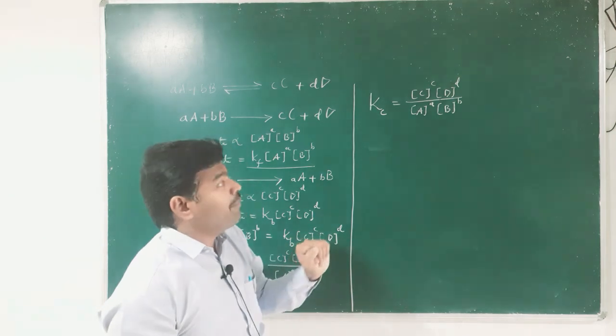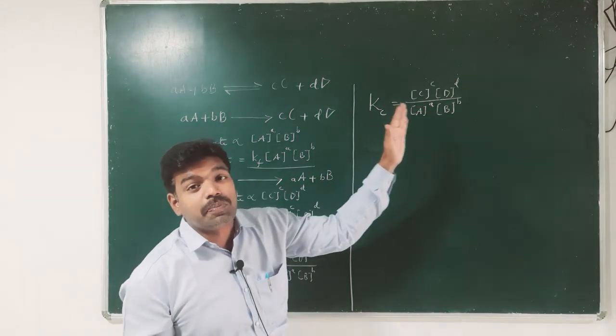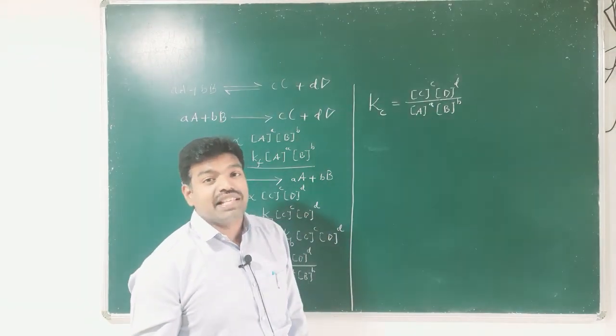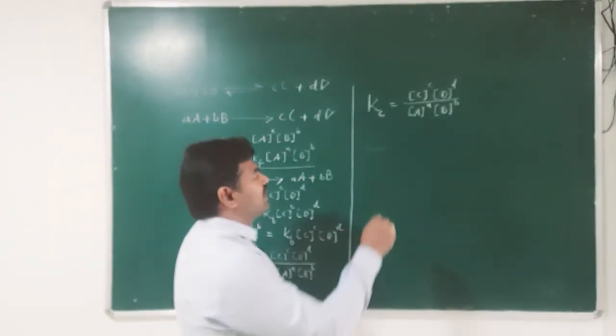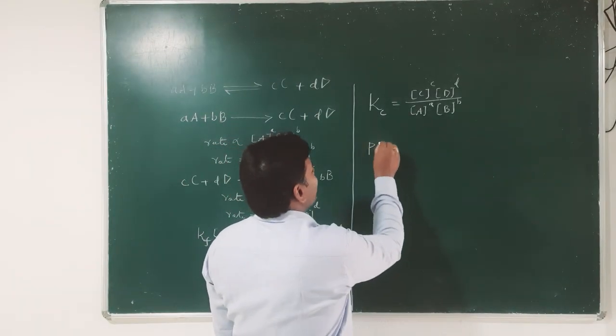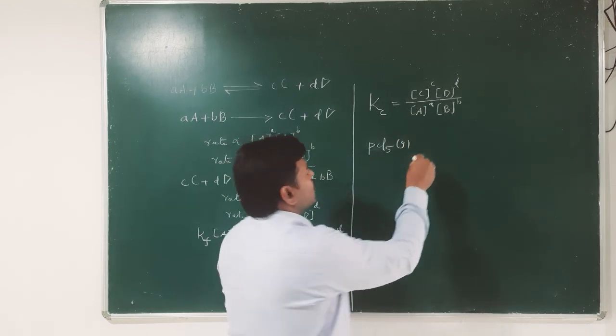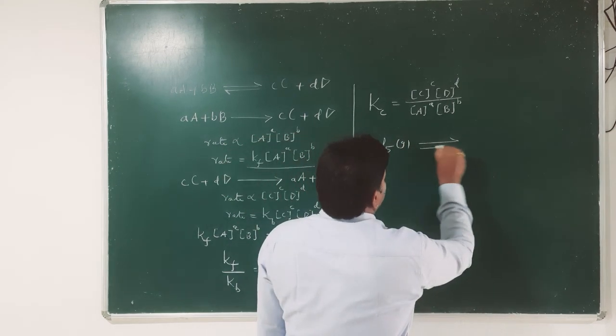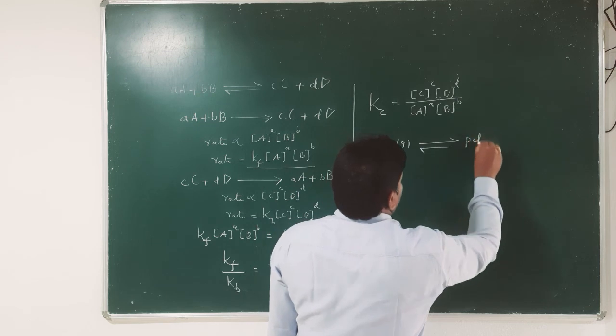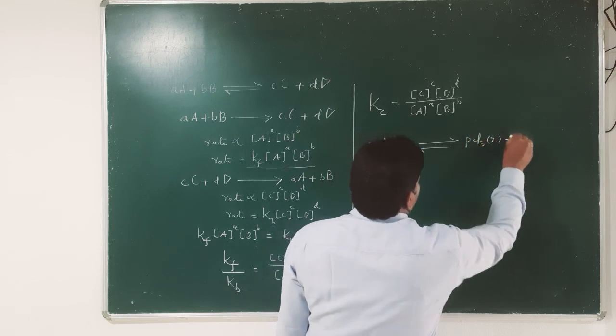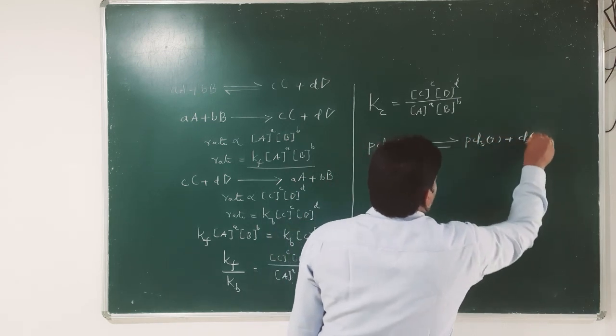So, for example, let us consider the gaseous reaction: PCl5 gas gives rise to PCl3 gas plus Cl2 gas.